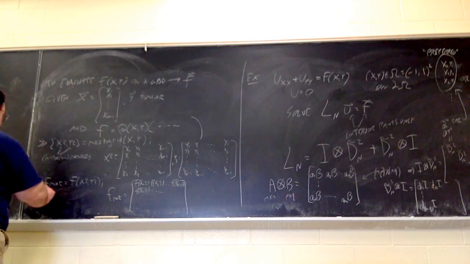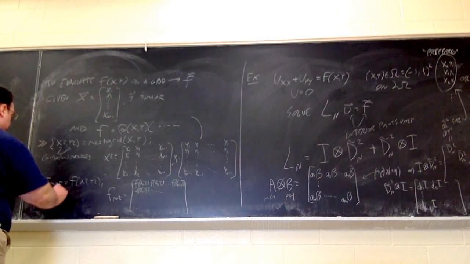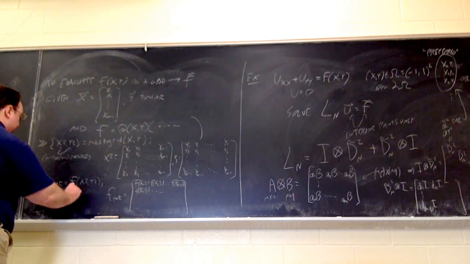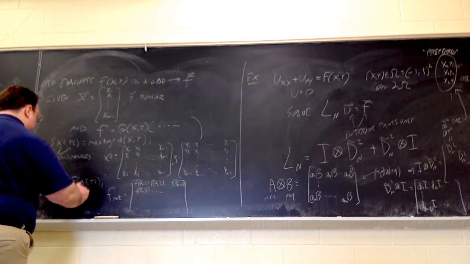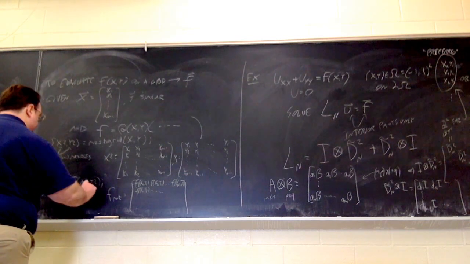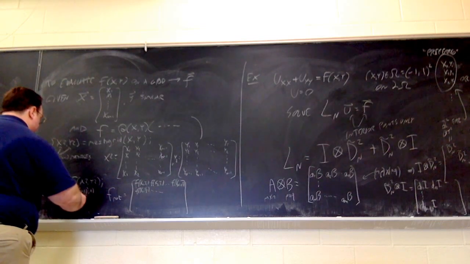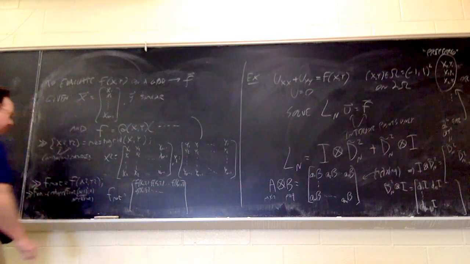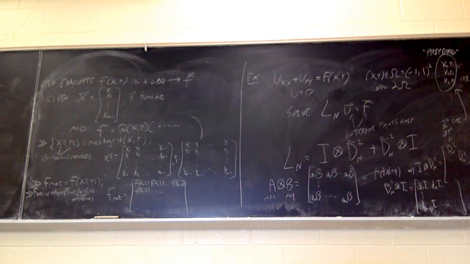So I could say f vector equals reshape f mat, and then the size would be n minus 1 squared rows of one column, or I wouldn't have to do that. I can always do numel, number of elements in fmat, so I don't have to bother figuring that out.